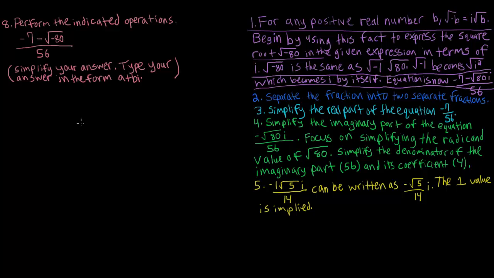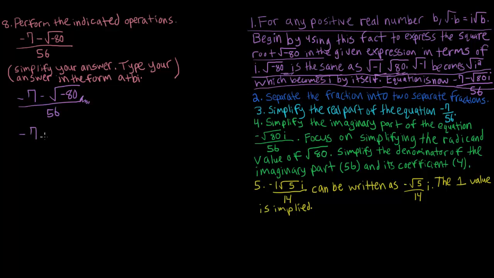So to see that, just rewrite the equation, -7 minus square root of -80 over 56. And then again, we want to take the -80, and we know it's the same as square root of -1 times square root of 80. So we can write it as such, because we don't want a negative number in the denominator. We can't do anything with that, so we need to split it up.